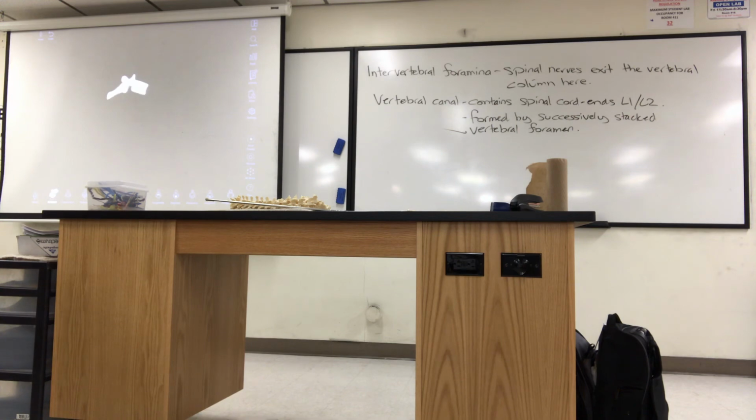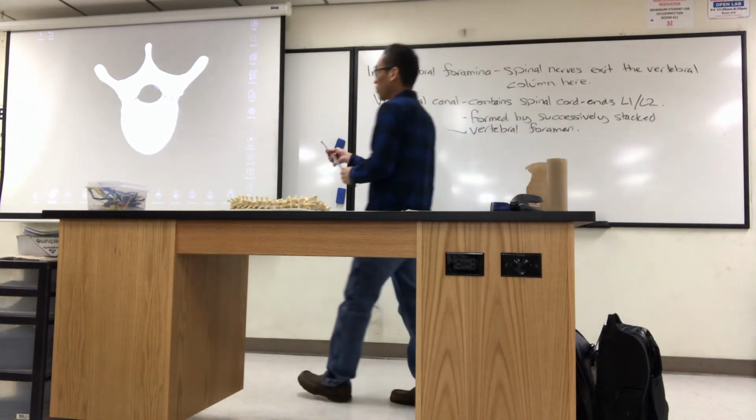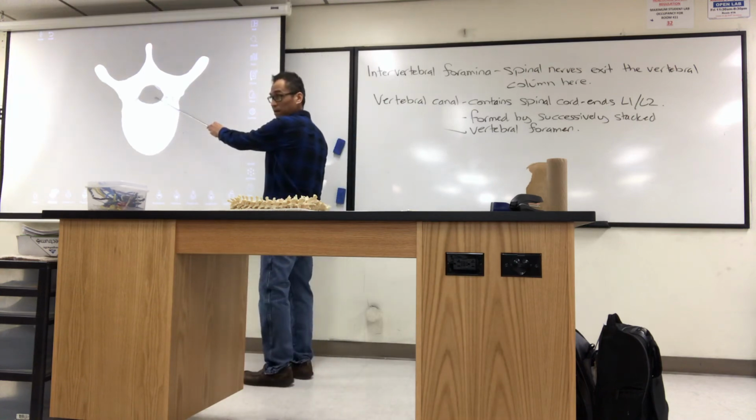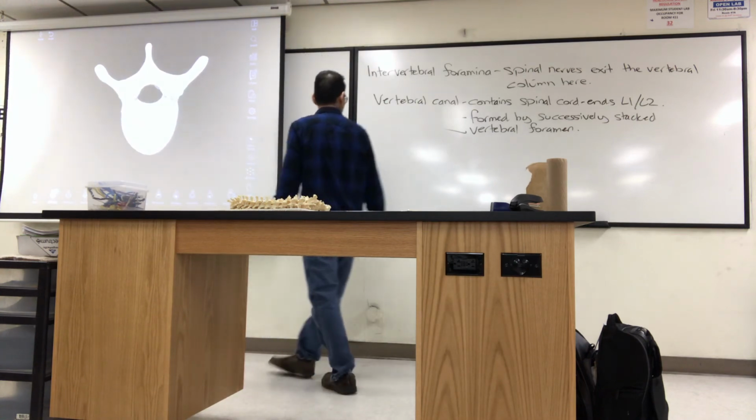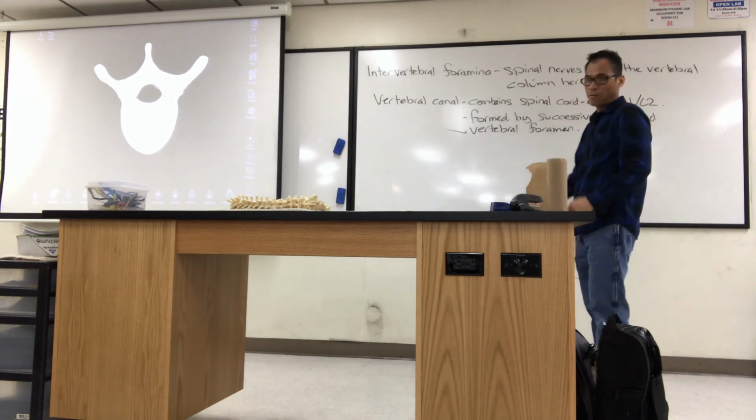So that's a lateral view. It's a front view. So if you look at it superiorly, do you see a hole? Let me point it out. I always like to say, do you see it? And then I kind of confirm that. That's the hole. Stack a bunch of those on top of one another, you've got a canal.